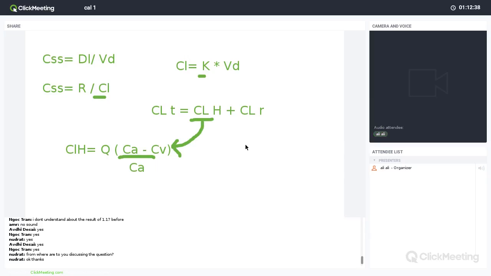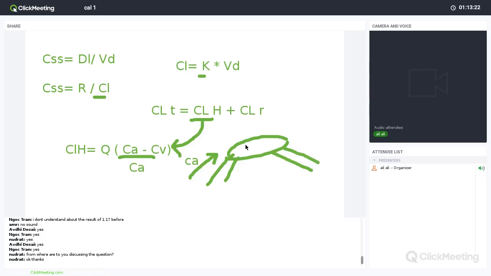Simply, why is this considered to be the hepatic clearance? I will show you so you will not forget. This is the liver. We have here the vein, the artery, and we have here the vein. So we have here an introduced amount of blood containing a certain amount of medication, which is the concentration of the drug in the artery.